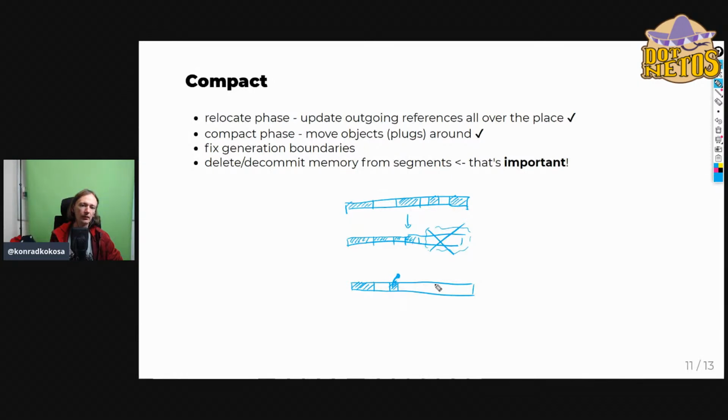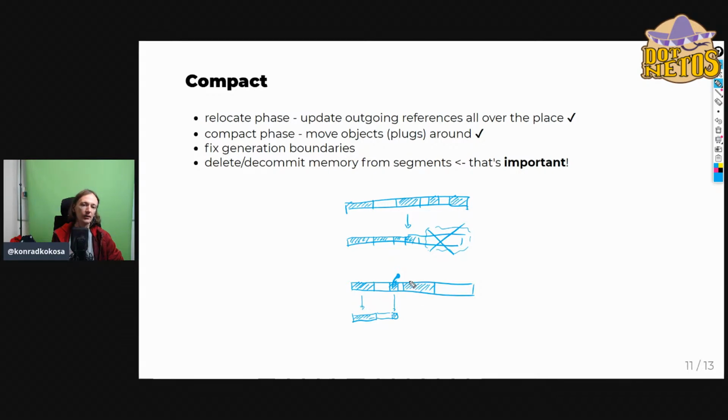And when, for example, we have another plug here, now we have this problem of reduced flexibility, because we would like to compact this memory, but we don't have a lot of possible moves. This one will not be moved because there is no need for that. This one cannot be moved because it is pinned, so we are just leaving those two plugs untouched, and this one will not fit inside this free space before a pinned plug.